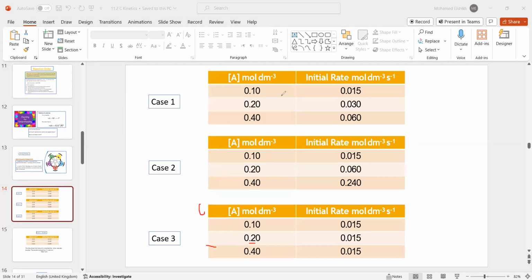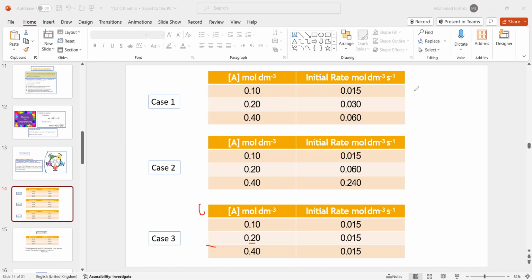We're trying to say here that the order of the chemical reaction can be obtained from this experimental data. So let's see how. The way you can do this is to see how much the change in concentration is related to the initial rate. So when we double the concentration here, it is basically doubled.